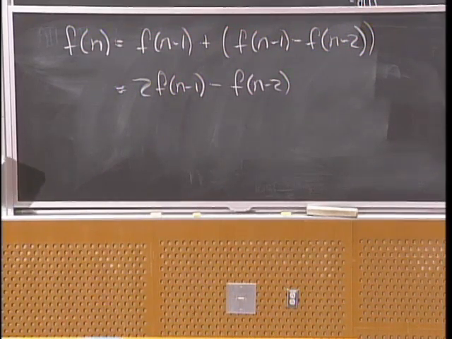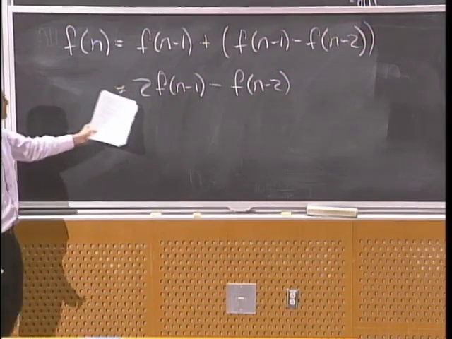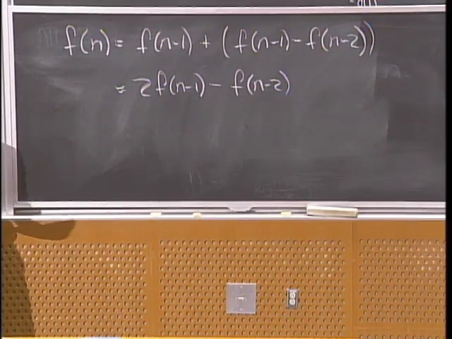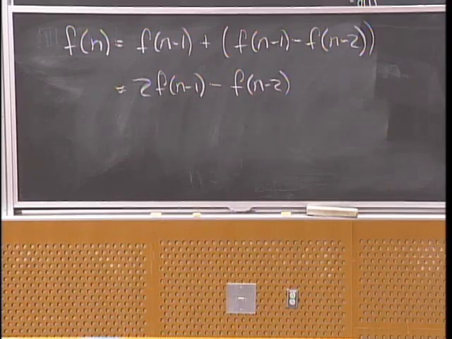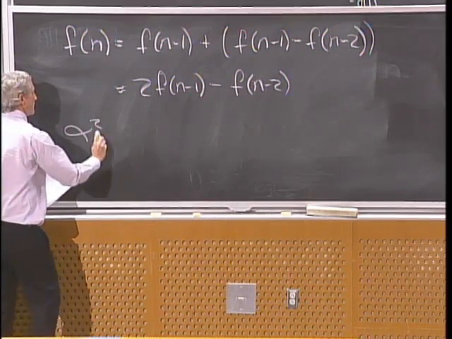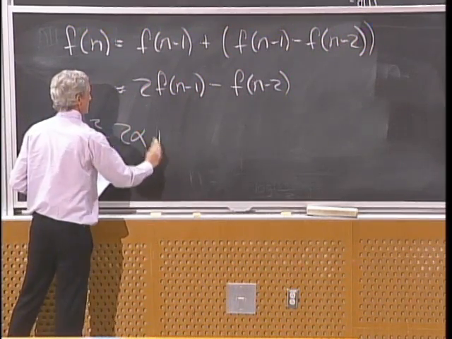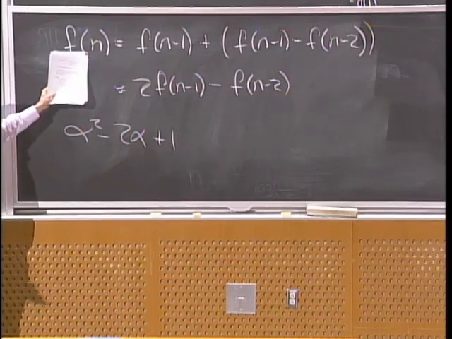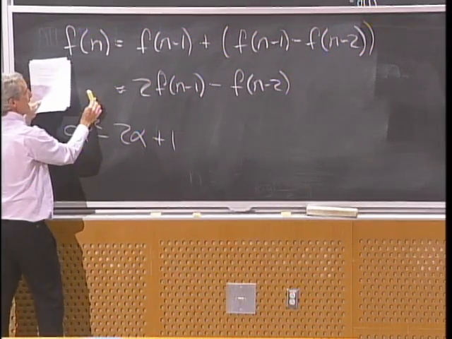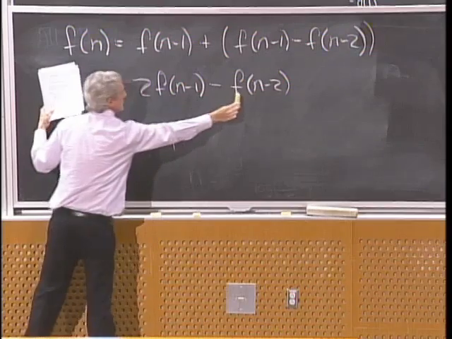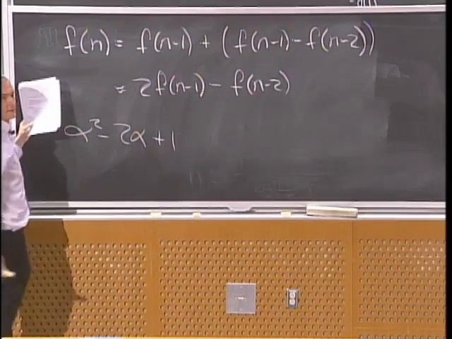OK. What's my characteristic equation for this recurrence? Yes. OK. Alpha squared minus 2 alpha plus 1.